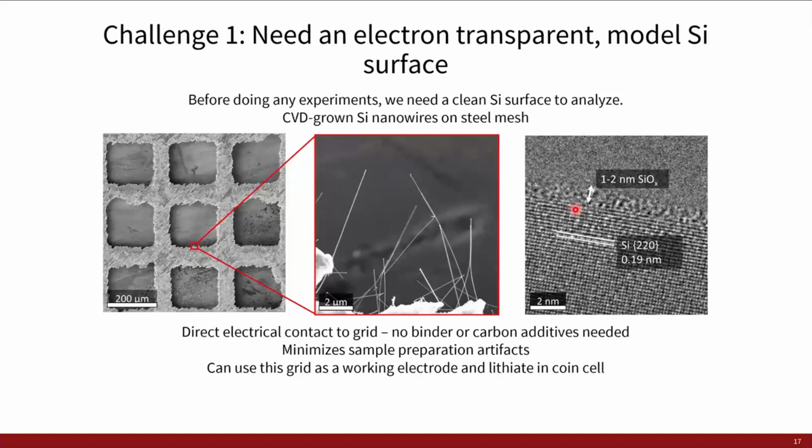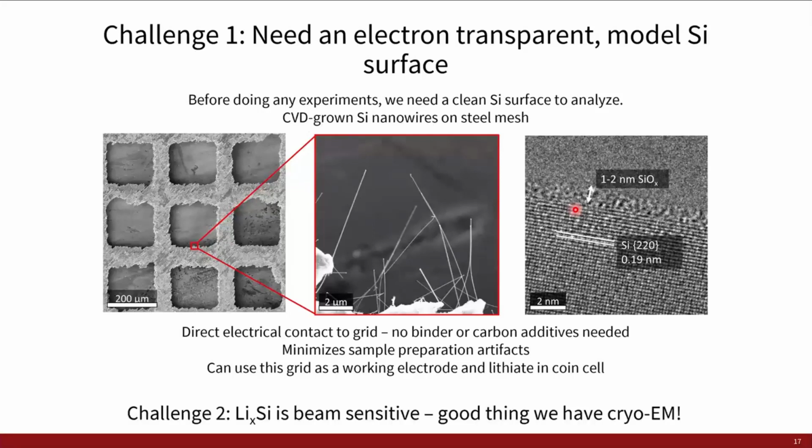Taking the silicon nanowire TEM grid, we can use this grid as a working electrode and lithiate it within a coin cell. Now, the second challenge of doing cryo-TEM on this kind of lithiated silicon nanowire is that lithium silicide, the lithium silicon alloy, is of course very beam sensitive due to the very high amount of lithium in the structure.